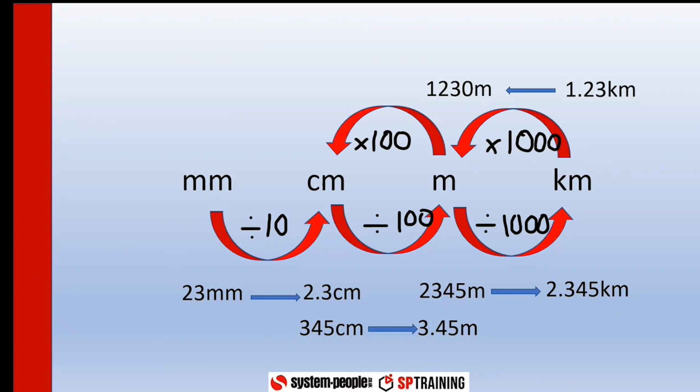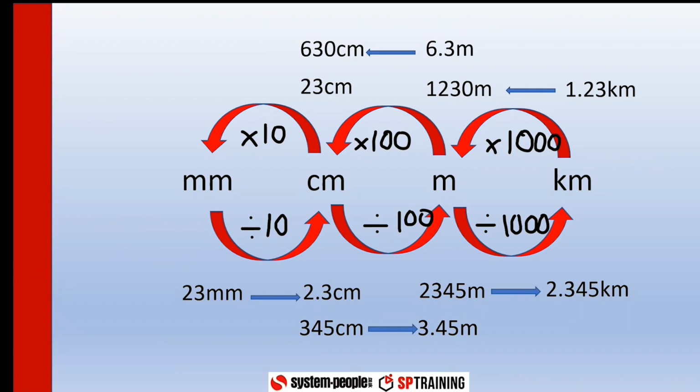Meters to centimeters, we're going to multiply by 100. So if we've got 6.3 meters, we multiply that by 100, we get 630 centimeters. And then centimeters to millimeters, 23 centimeters will be 230 millimeters.